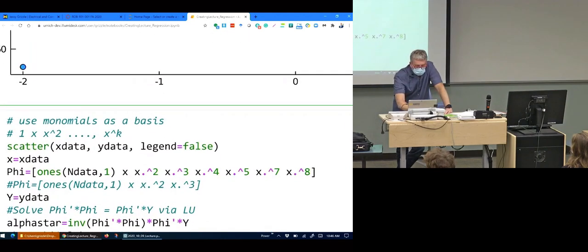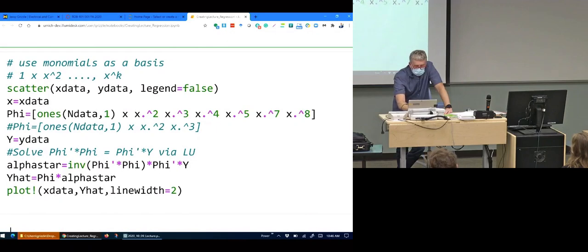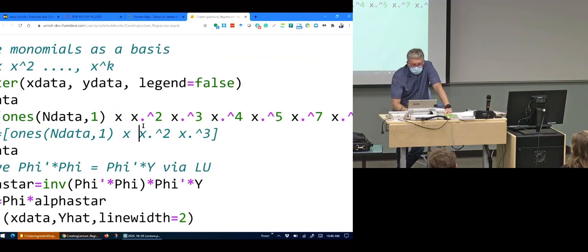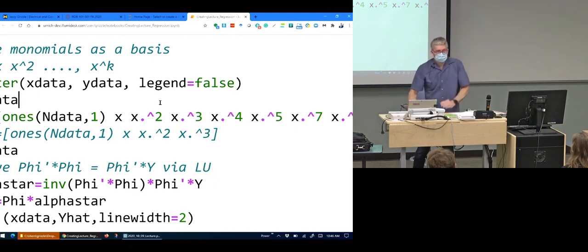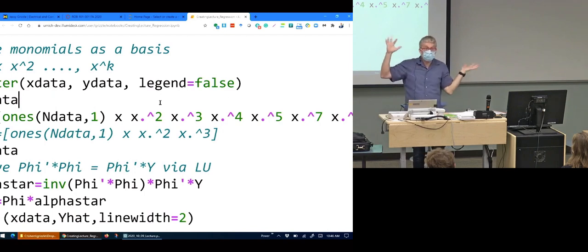Now, I forgot to emphasize, why do I have this dot before the circumflex and then the power? So how does Julia know to apply something to each element of a vector? You need to tell it that. If you just do sine of a vector, Julia goes, bah!